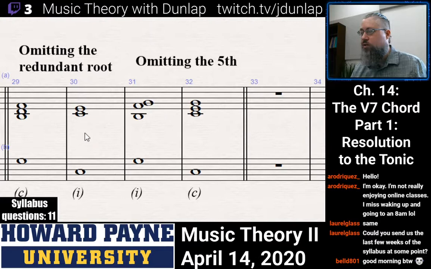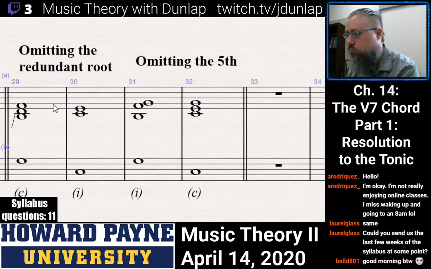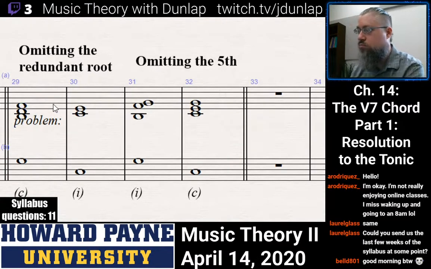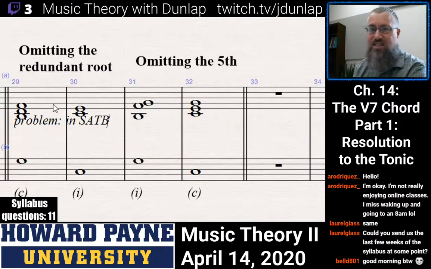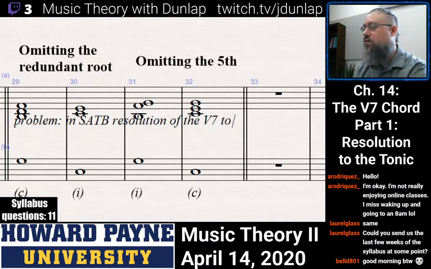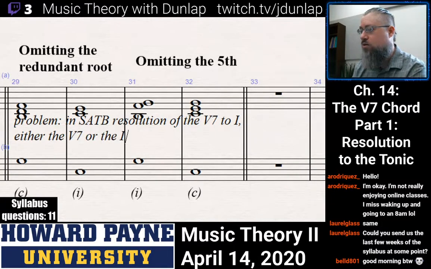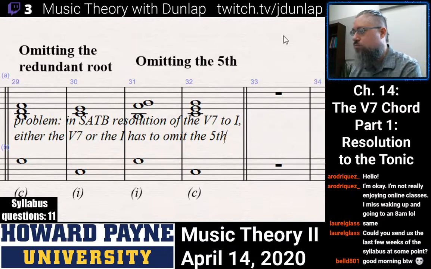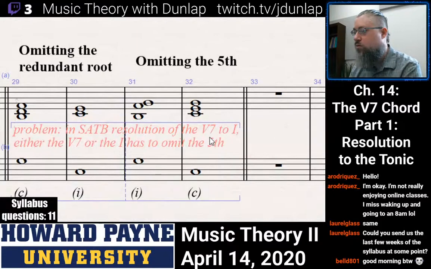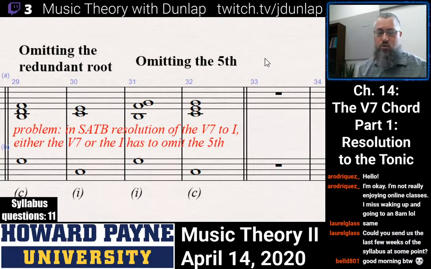So the problem is, in SATB resolution of the 5/7 to 1, either the 5/7 or the 1 has to omit the fifth. So there's an answer to that. There is a way to fix that.